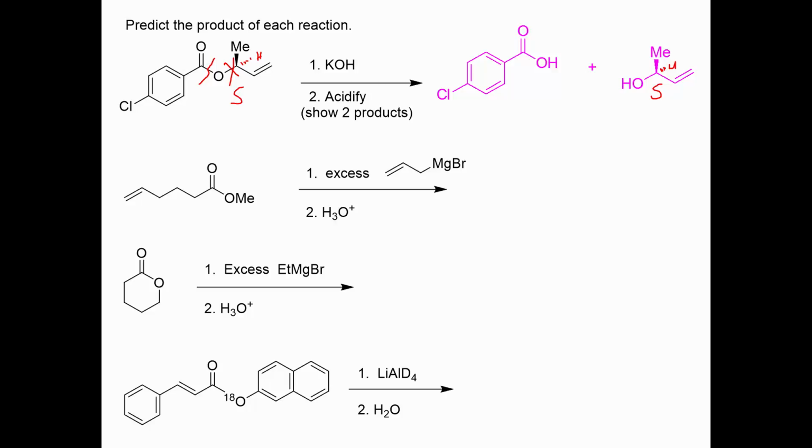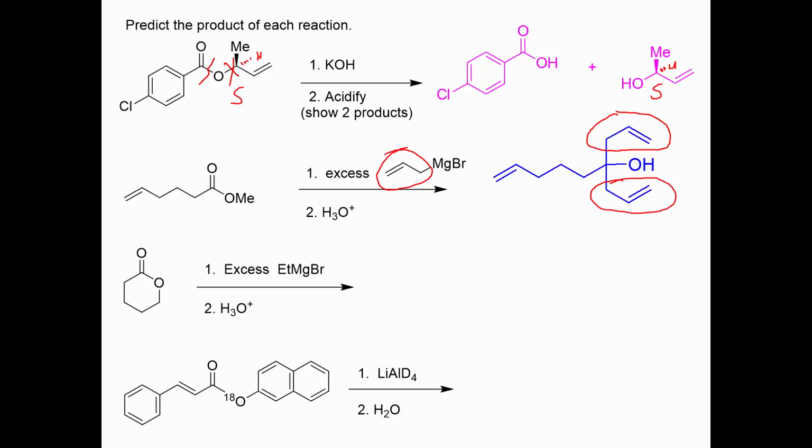All right, and the next one, we're going to treat this ester with a large excess of allyl Grignard. And what we're going to do is we're going to add 2 moles of allyl group here. We're going to make a tertiary alcohol, and this is our product. Okay, so there's our Grignard right there.